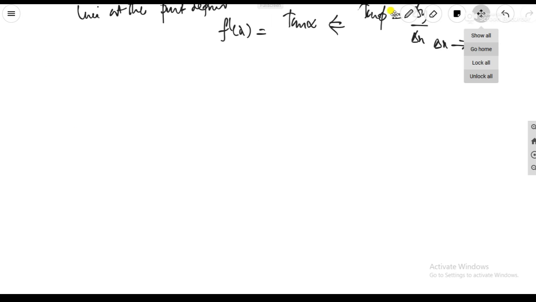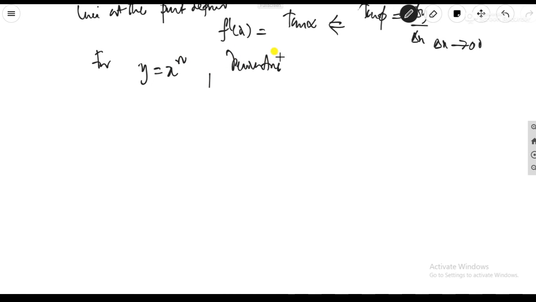For example, let us take a function y is equal to x power n. So what is the derivative of this function? How will we do it?